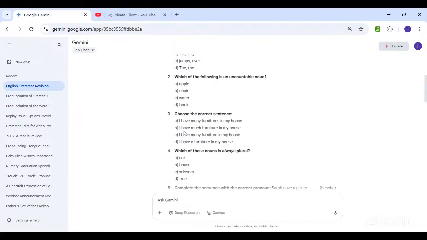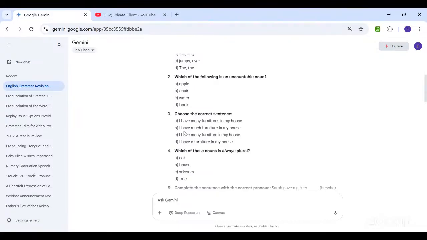So the word furniture, we cannot count it. It is uncountable. We cannot count the word furniture. So number one, it would not take S. Now, number two is, in the examples, the best answer would have been, I have furniture without much or many.